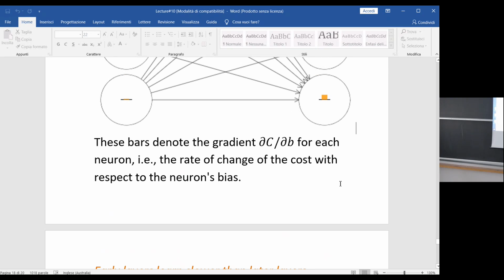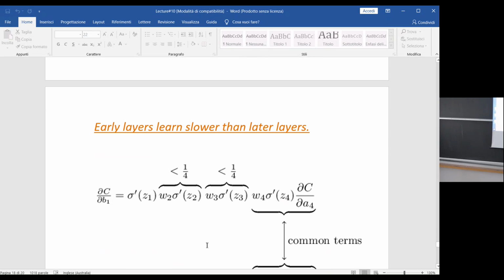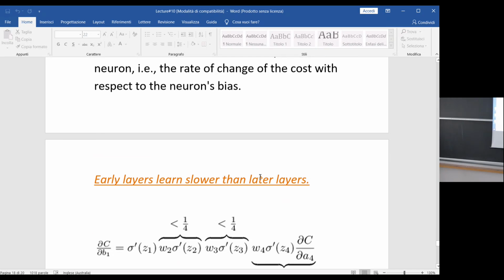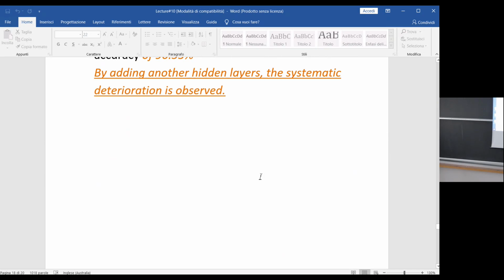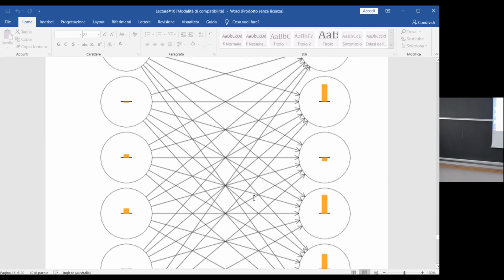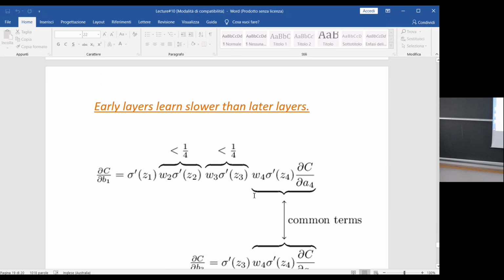And why does it happen? For example, take a network with an input, then a hidden layer, then hidden, then hidden, then output.